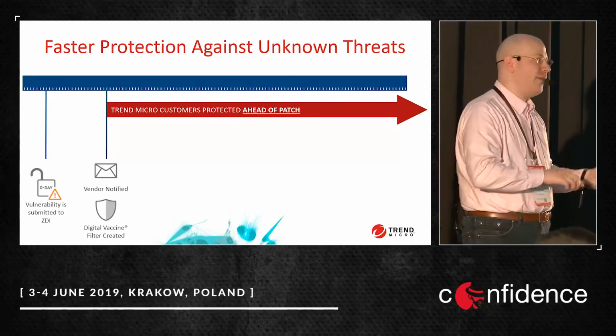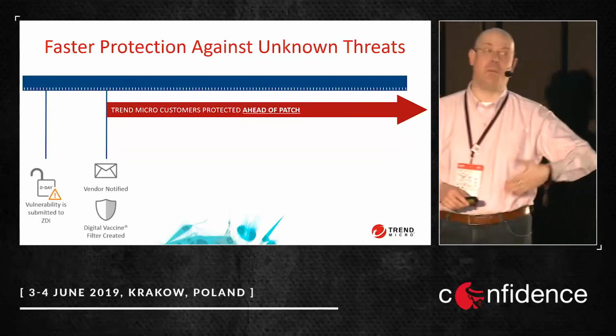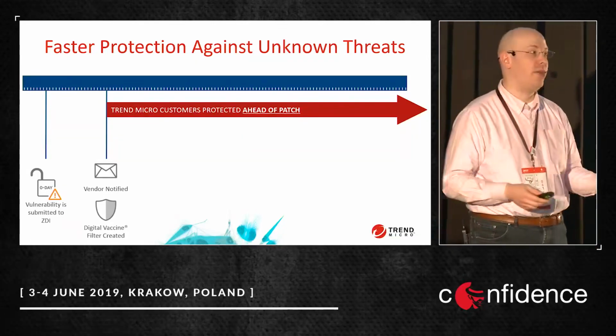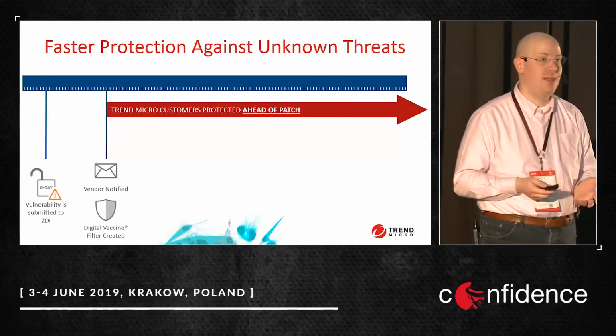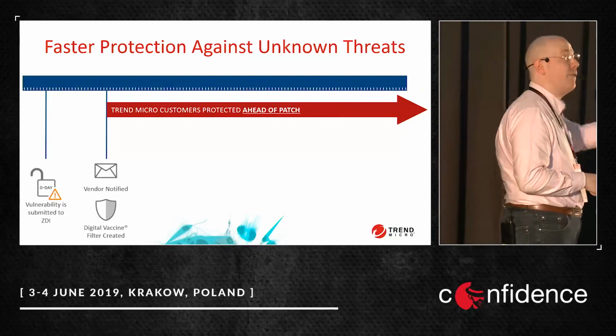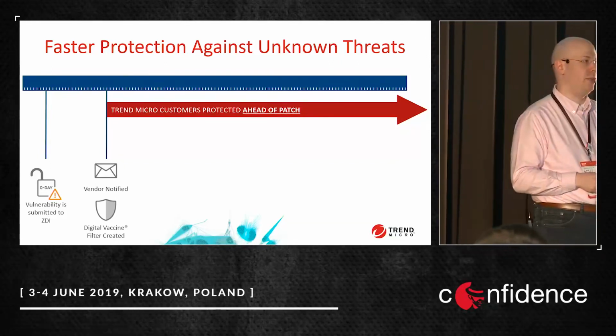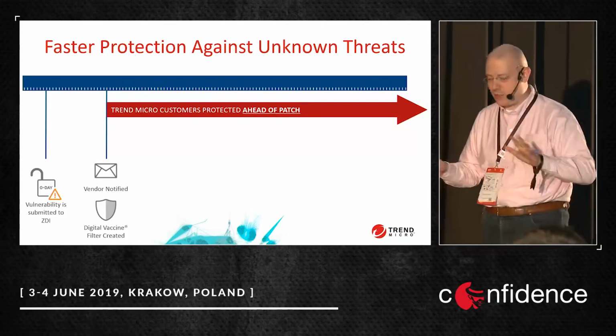So in this case, everybody benefits because the vulnerability is getting sold, is getting bought. So the one who's finding the vulnerability will get his money. We have the advantage of being able to provide protection earlier, and still the vendor is being informed about the vulnerability. And then the regular disclosure process starts.